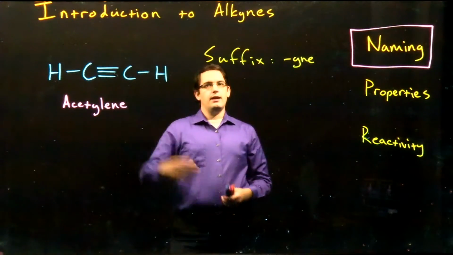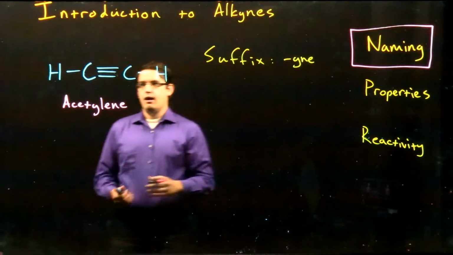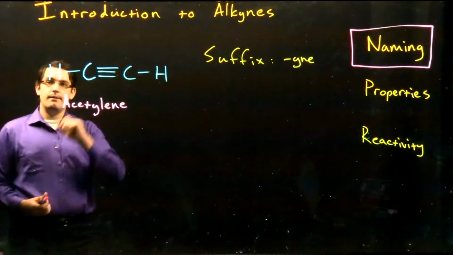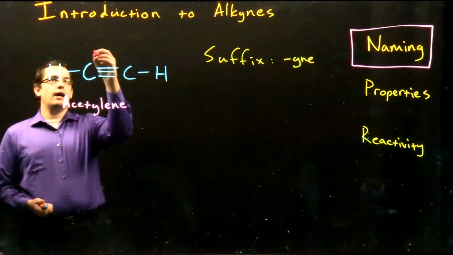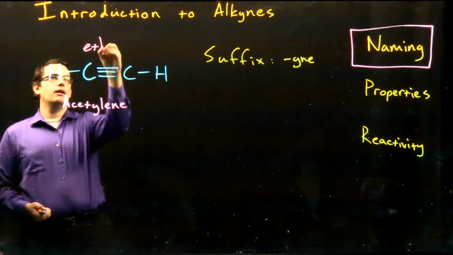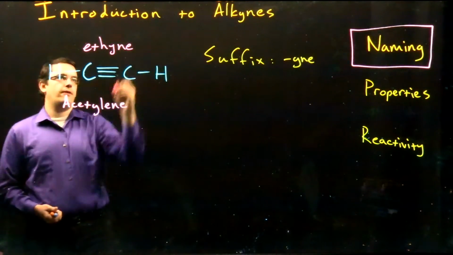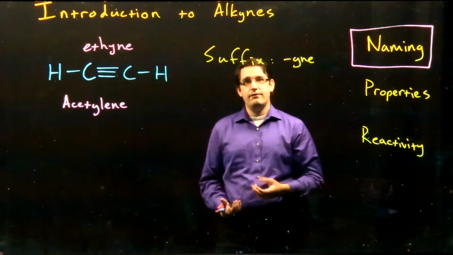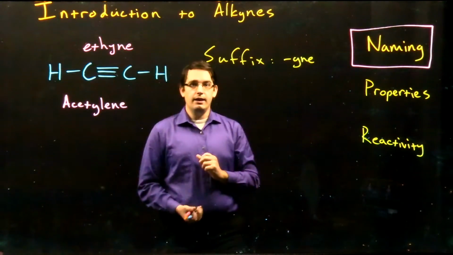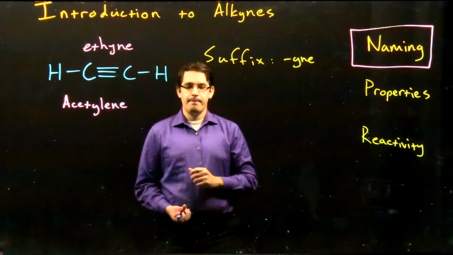If we have something like acetylene, this would be a 2-carbon alkyne. That gives us our eth- prefix. So the IUPAC name for acetylene would be ethyne. Combining again the number of carbons as indicated by a prefix with that suffix indicating our functional group.